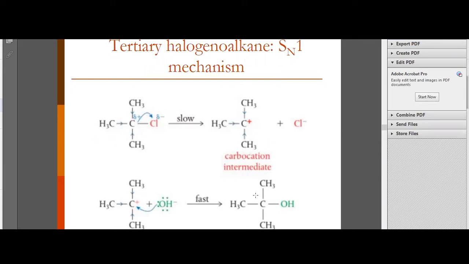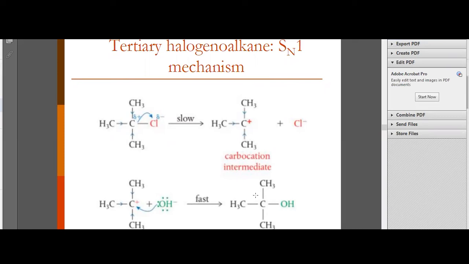Once again, the question is how the tertiary halogenoalkane undergoes nucleophilic substitution. Since steric hindrance occurs around the C positive, the nucleophile cannot reach the C positive. So how can it react through nucleophilic substitution?